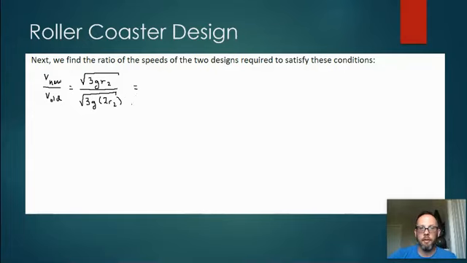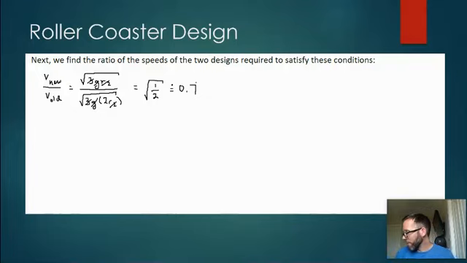And if we look at that, we have a lot of things being divided out here. The 3's divide out, the g's divide out, the r2's divide out, and what you're left with is the root of 1 over 2. If you try that yourself, do 1 divided by 2 and take the square root, you get about 0.7.